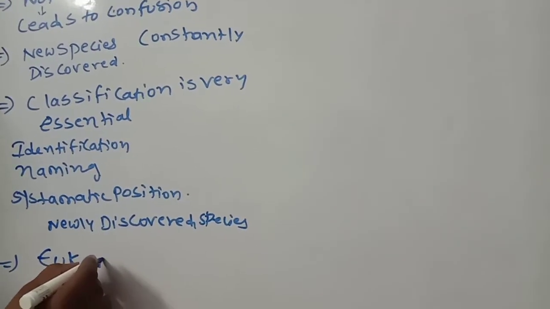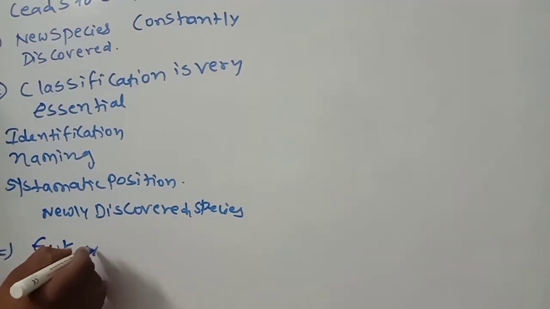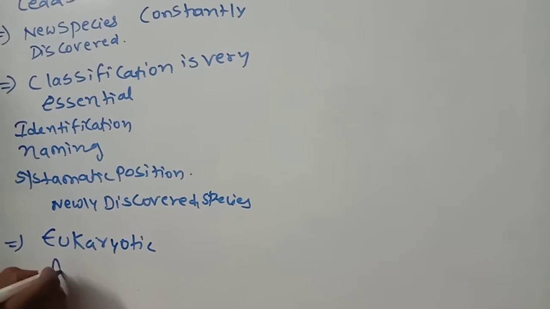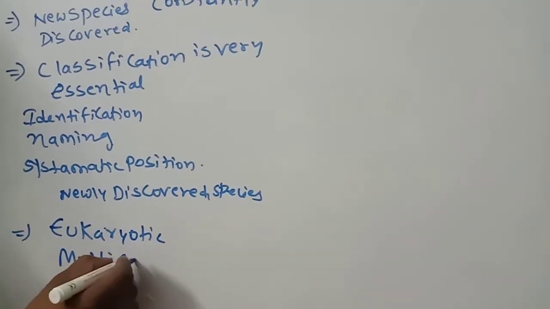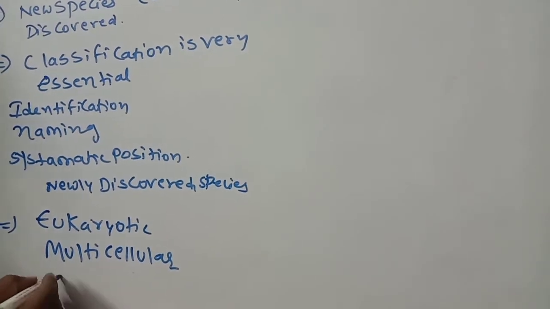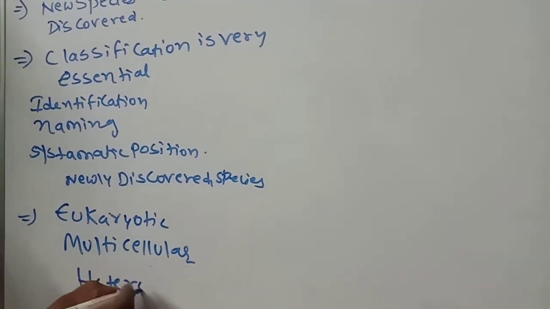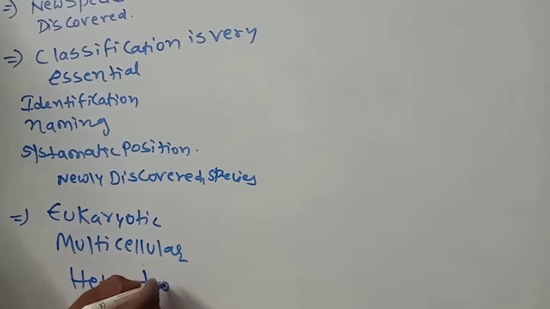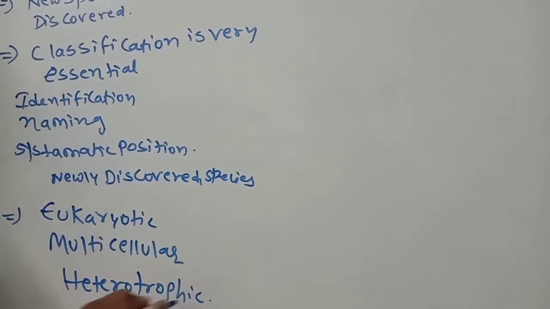Animalia means all multicellular organisms. First you should remember eukaryotic. All Animalia organisms are eukaryotic, multicellular, and heterotrophic. You know very well the meaning of heterotrophic: they depend on other organisms.